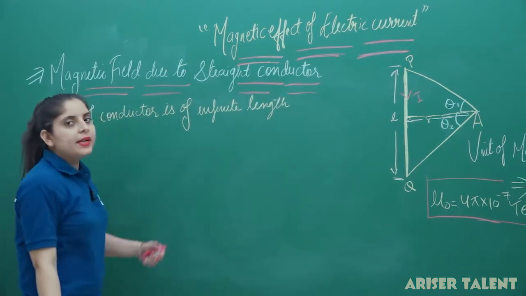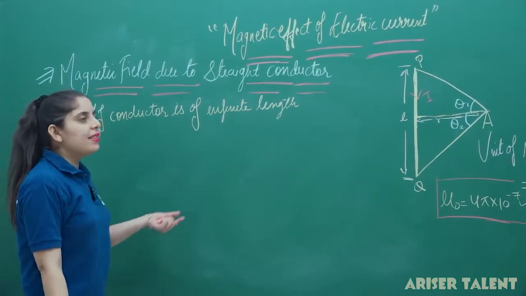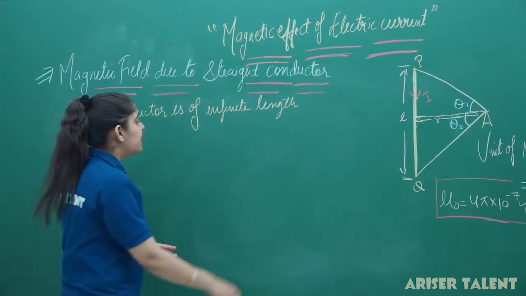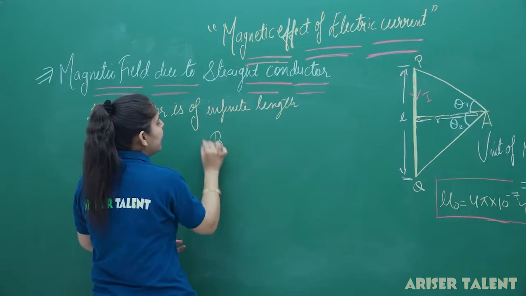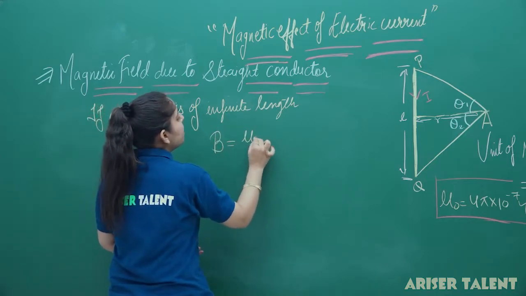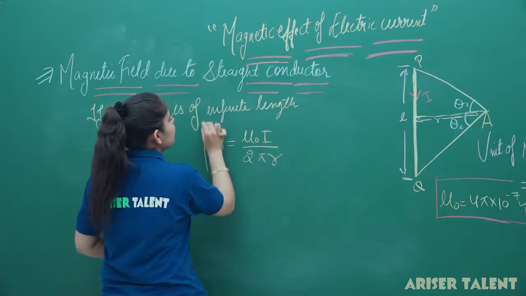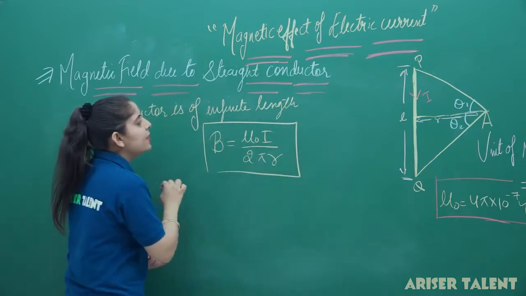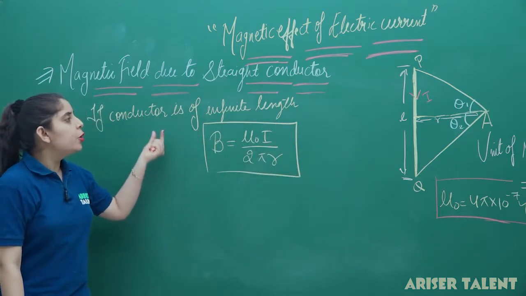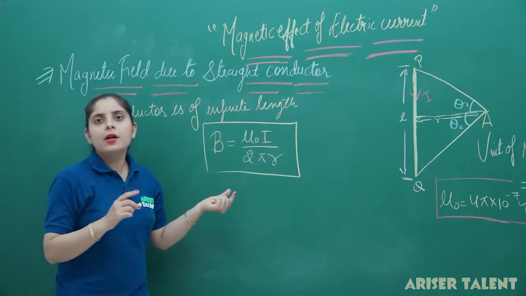We cannot determine the value of the length here, and the angles will also change. So in this case, B came out to be mu naught I upon 2 pi r. This is the formula for determining the magnetic field strength due to an infinitely long conductor.